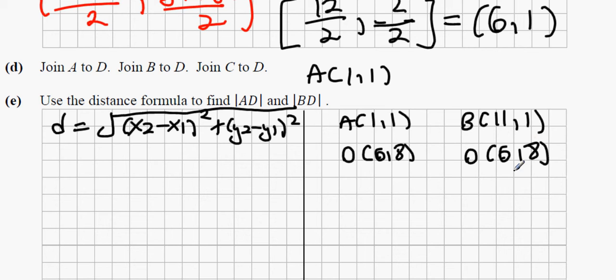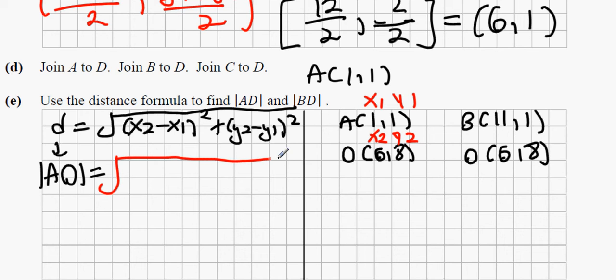First of all, I want to get the length of AD. So the distance is the length of AD. I need to put down x1, y1 as A, and x2, y2 as D. It doesn't matter if D is x1, y1 and A is x2, y2. You'll still get the same answer. So what you have here is the square root of 6 minus 1 squared plus 8 minus 1 squared.